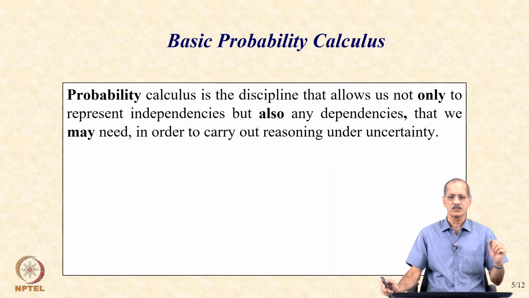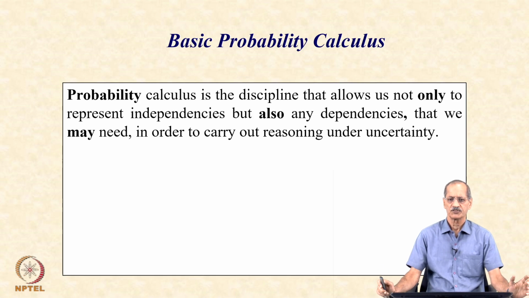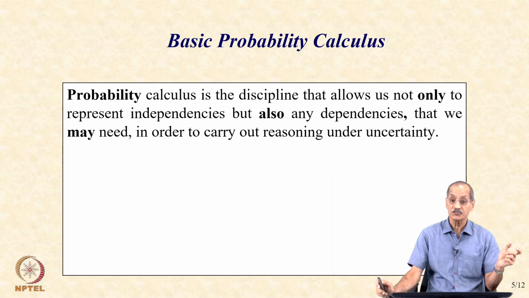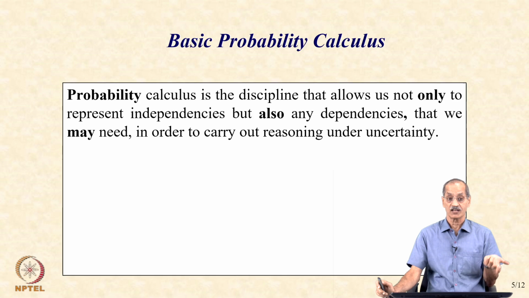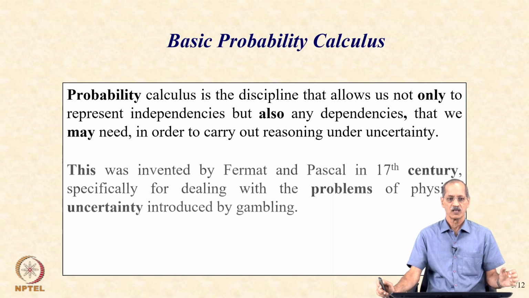So, probability calculus is a discipline that allows us not only to represent independencies, but also any dependencies, which means that probability calculus takes care of both cases: if the events are independent, so far so good, but if they are dependent, we can still take care of it, and using that we can still carry out reasonable reasoning under uncertainty.